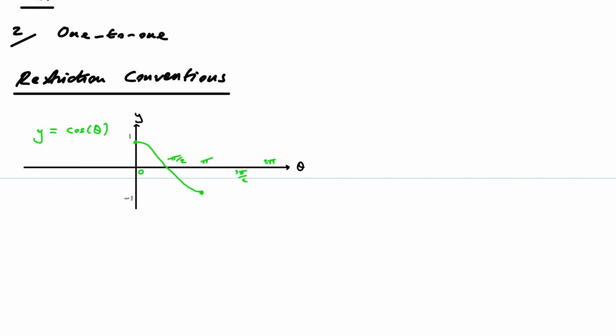So this is the restriction that cosine is restricted to: the closed interval, because it's fine to contain the endpoints. You need those for -1 and 1, 0 and pi. Right, that's the convention we make.